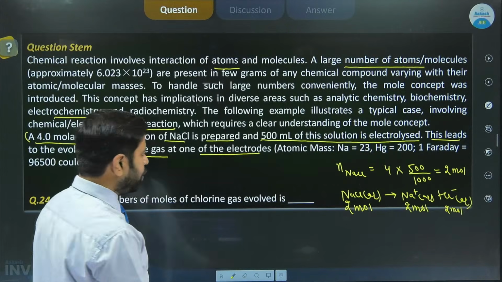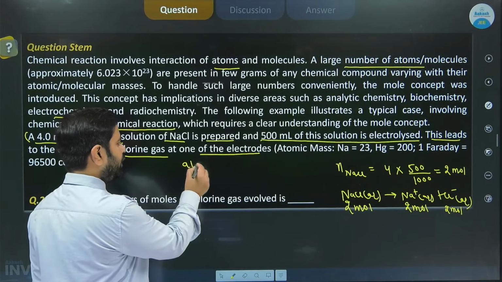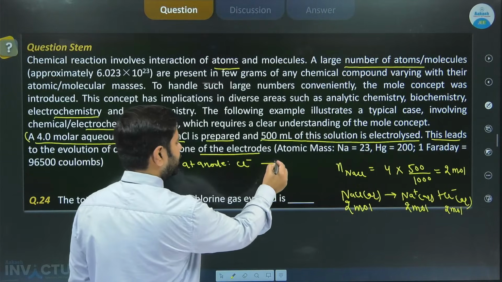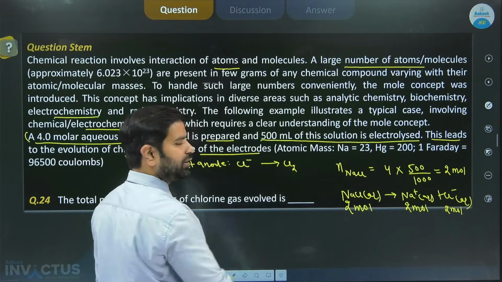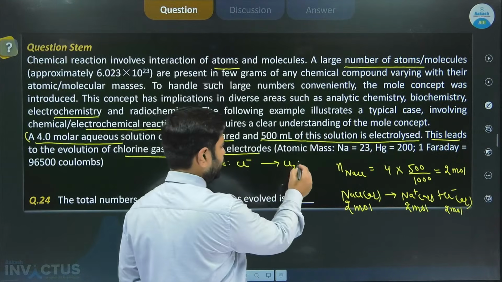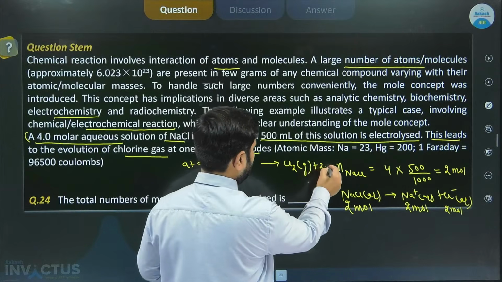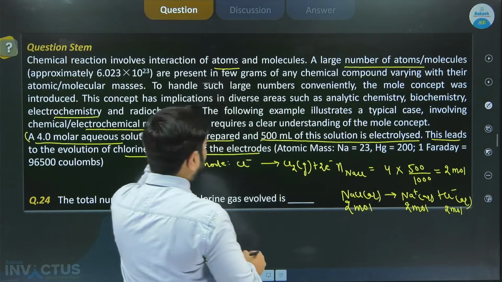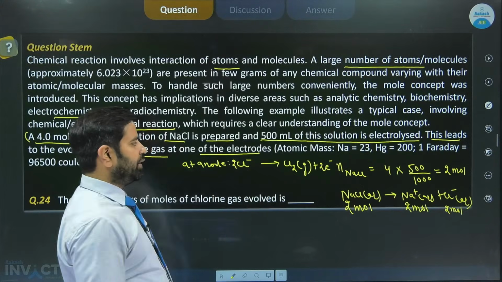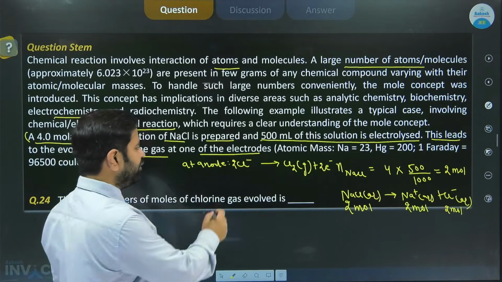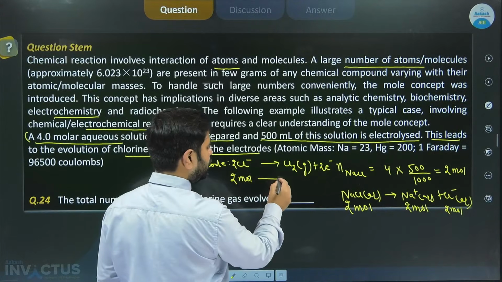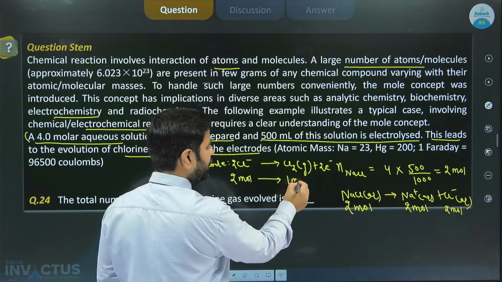Now at the anode, what will happen? Cl- will get oxidized. How will the Cl- get oxidized? It will convert into Cl2 gas. Cl- is converting into Cl2 gas. This is the balanced chemical reaction. So we have been given 2 moles of Cl-, so it will produce 1 mole of Cl2.